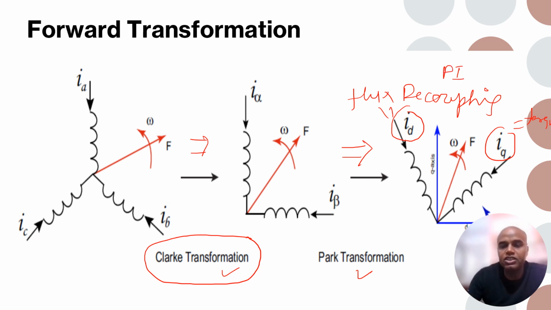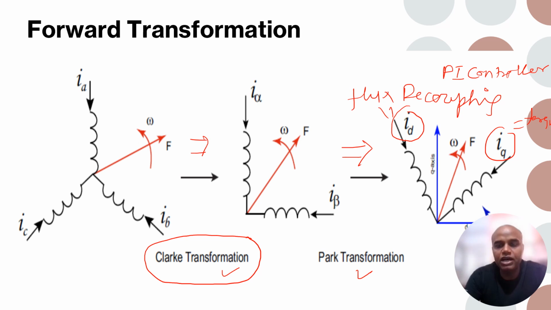Because the PI controller can easily work on DC values, I can use the PI controller for flux and the torque separately. Once it generates my control signal, it has to be fed to my inverter, which can control my motor speed and the motor torque.